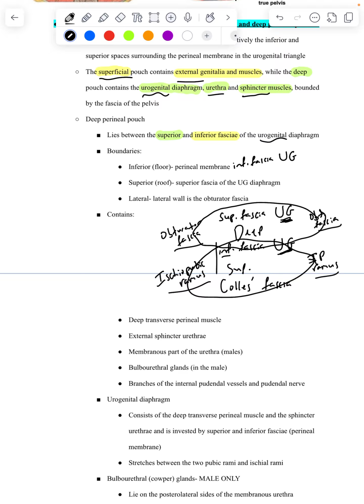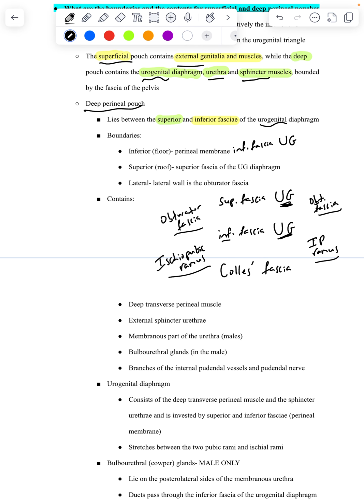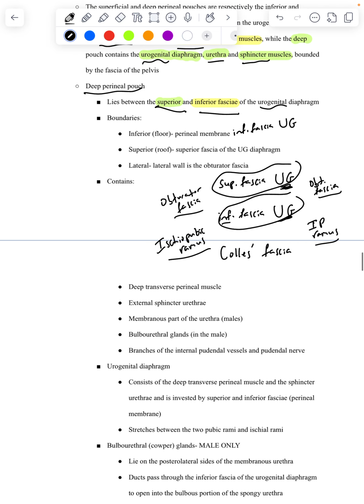So think of this as the most superficial. Your deep perineal pouch would be between the superior and inferior fascia, so between here and here, and laterally it has the obturator fascia.